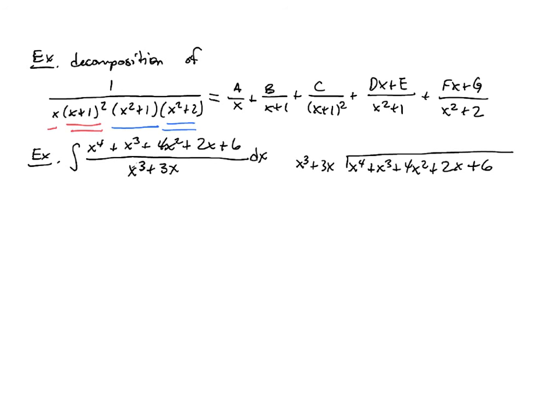And so the first question I ask in polynomial long division, what do I need to multiply x cubed by in order to get x to the fourth? And the answer is multiply by x. And I multiply through, and then subtract, and I end up at the next step with, oops, that should be an x to the fourth there, of course.